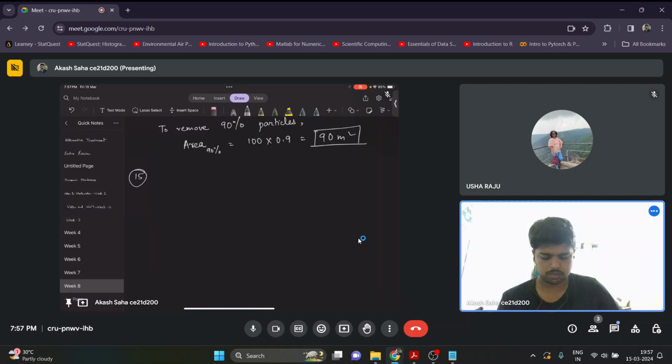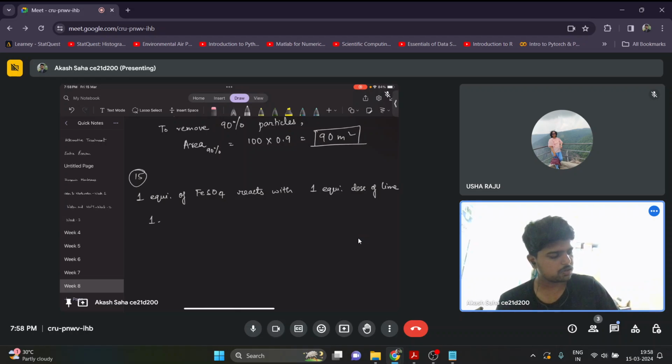Whenever there is a reaction, one equivalent of one chemical will react with one equivalent of the other. So we can say one equivalent of FeSO4 reacts with one equivalent dose of lime.